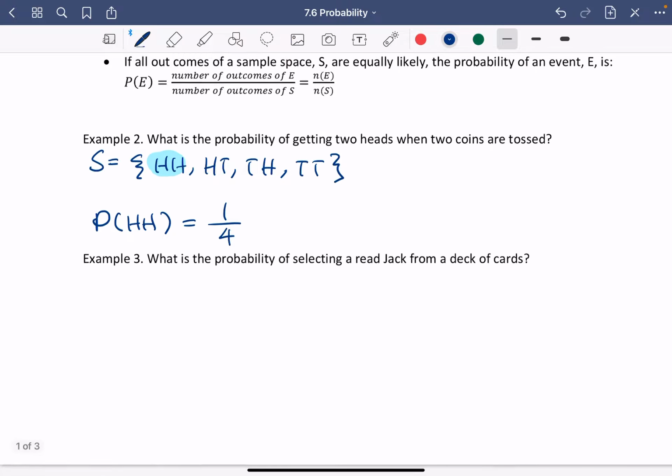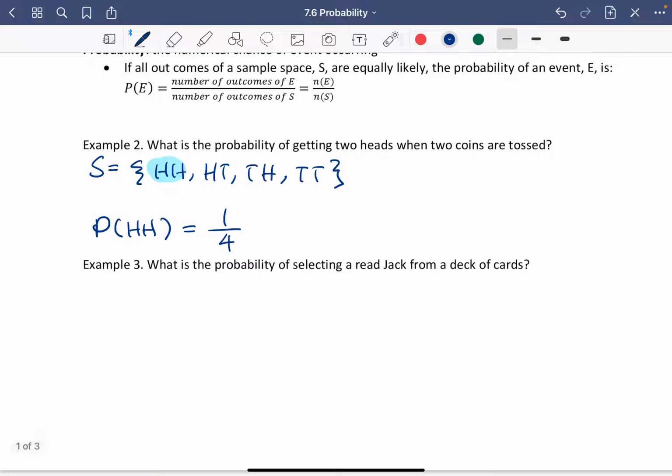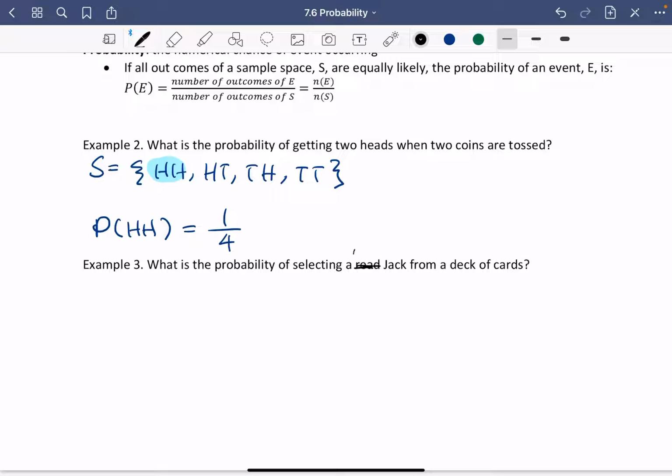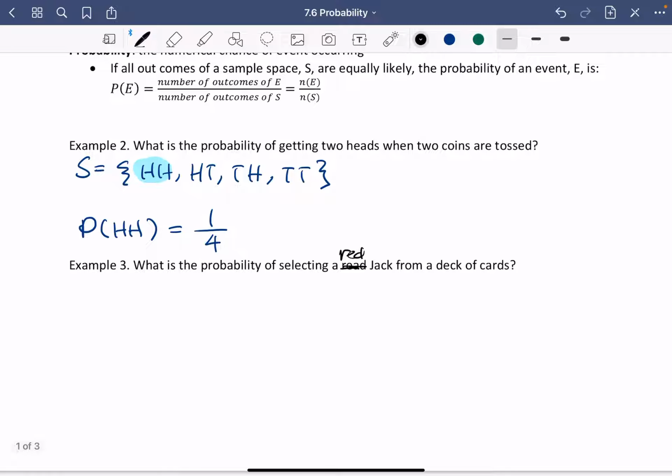Example number 3. What is the probability of selecting a red jack from a deck of cards? Well, first of all, how many cards are there in a deck?